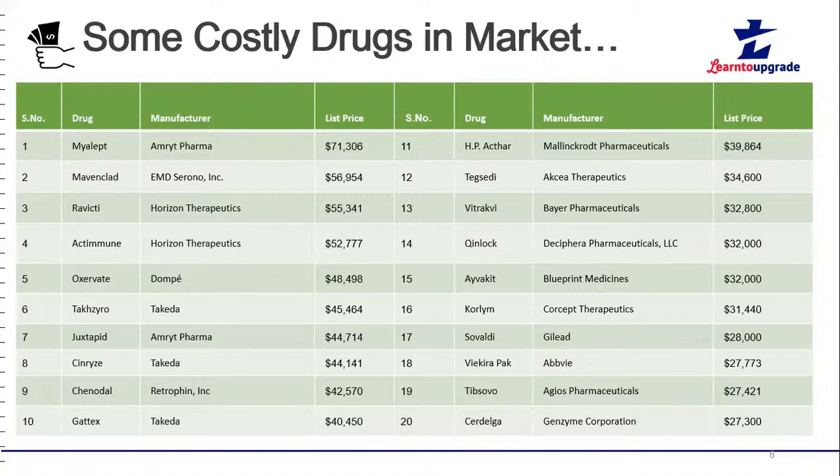Even if you go to the 20th drug, you will find $27,300 for this product, Delga, every month. This is again a huge amount, right? To afford this medication, we need to have so much money. Otherwise we need to look for alternatives. Hence other companies also think in the same way to provide alternatives to this costly medication.